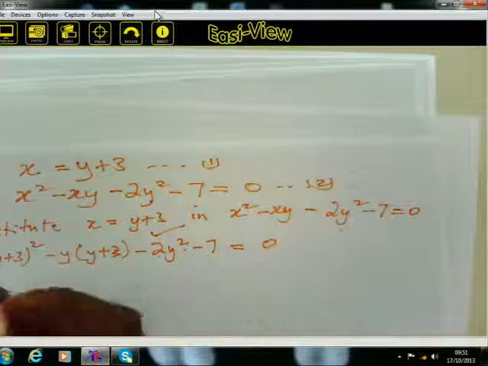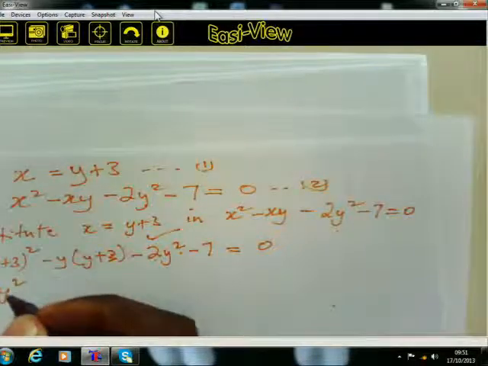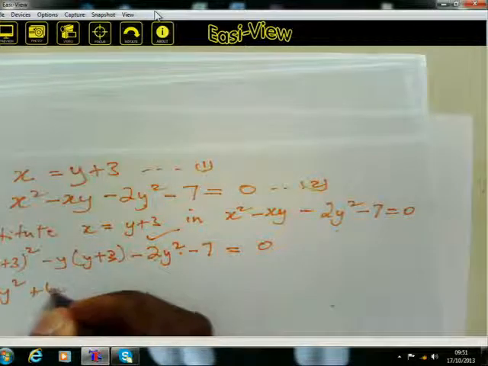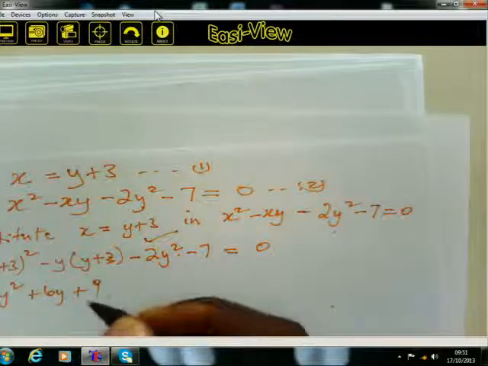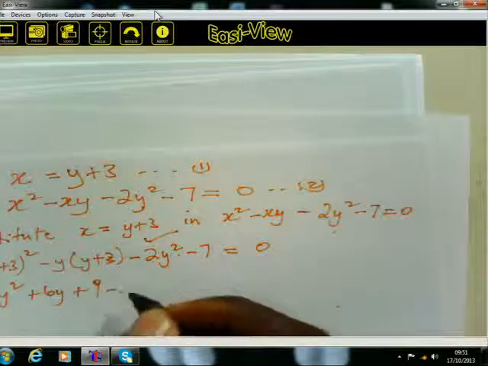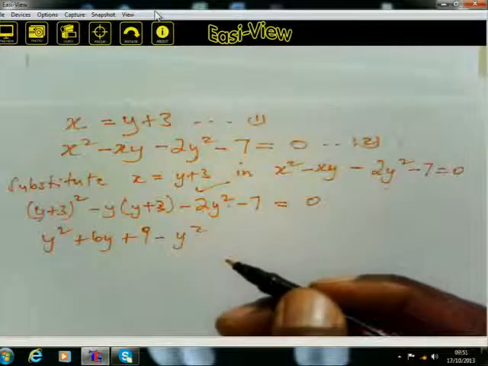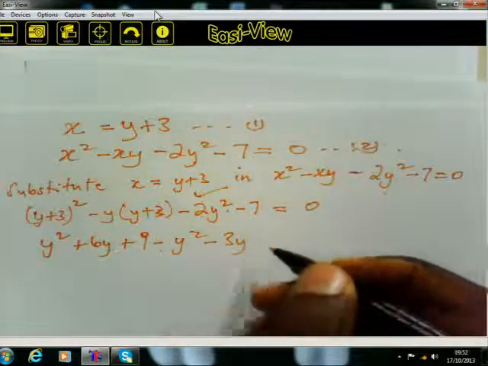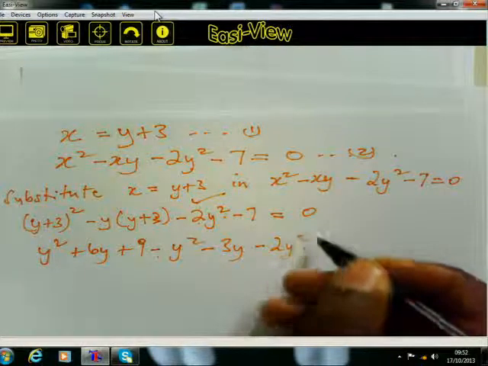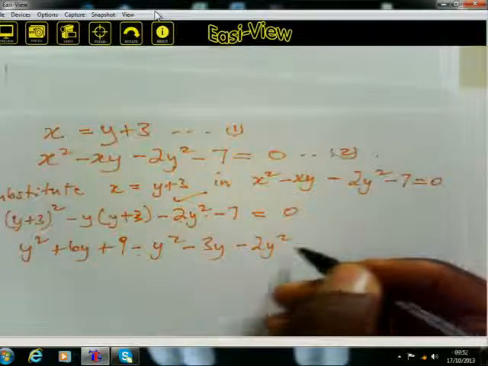And then this is going to be y squared plus 6y plus 9 minus y squared minus 3y minus 2y squared minus 7.